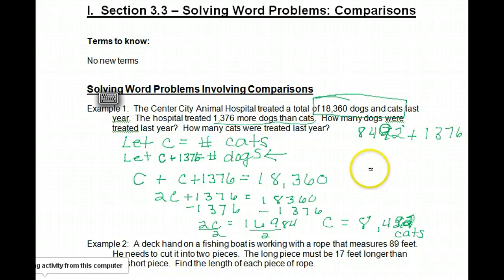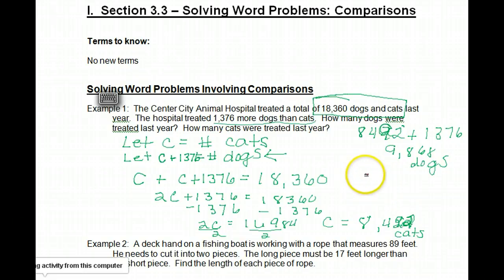When you do that addition, we will get 9,868 dogs.